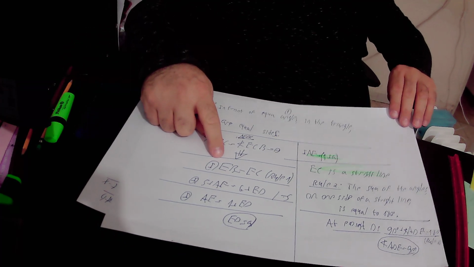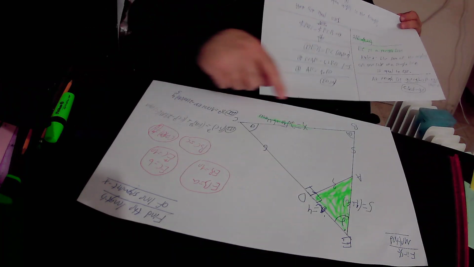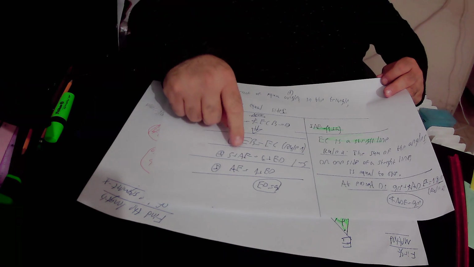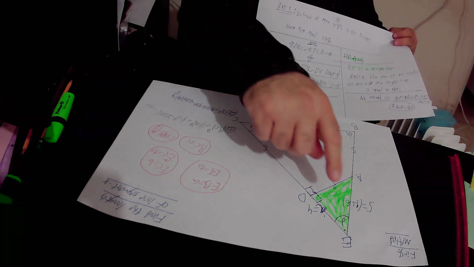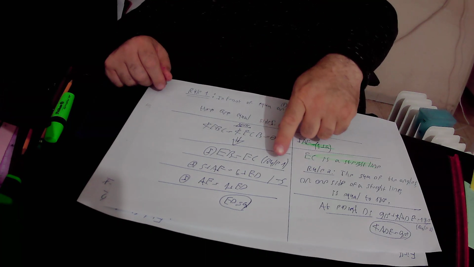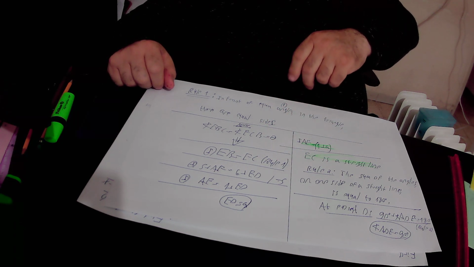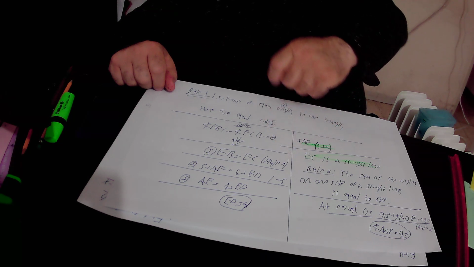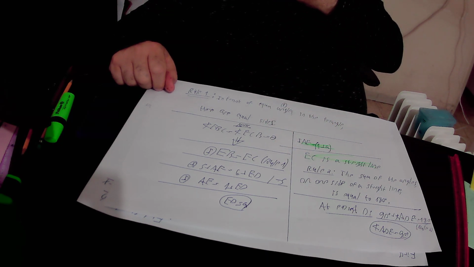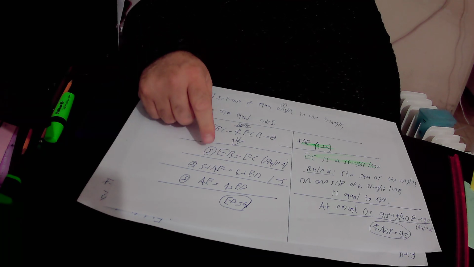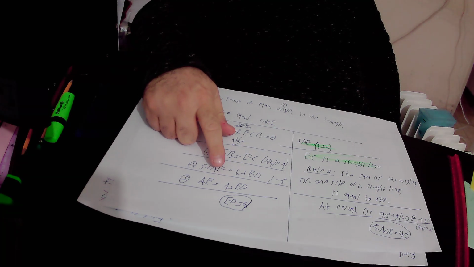But here EB equals to 5 plus AE, and EC equals to 6 plus ED. So in conclusion, we found out that 5 plus AE equals to 6 plus ED. We subtracted 5 from this equation, equation number 1, and we found out that AE equals to 1 plus ED.